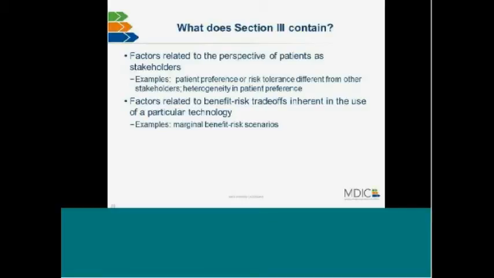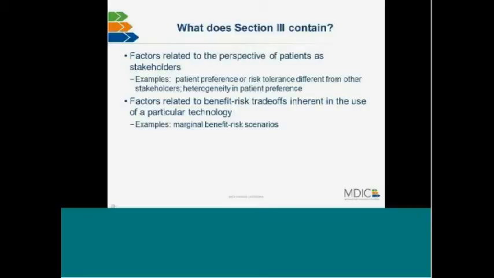So starting with factors related to the perspective of patients as stakeholders, there may be situations where there's indication that patient preference or patient tolerance for risk is different. We might know that based on previous studies, based on information from advocacy groups, things like that.